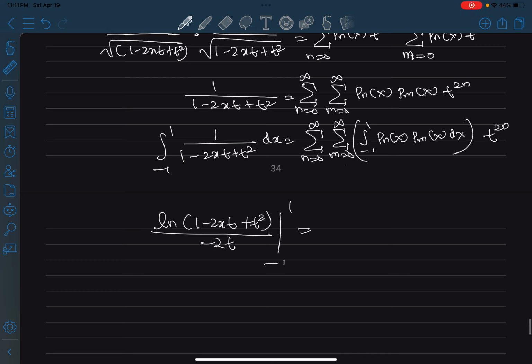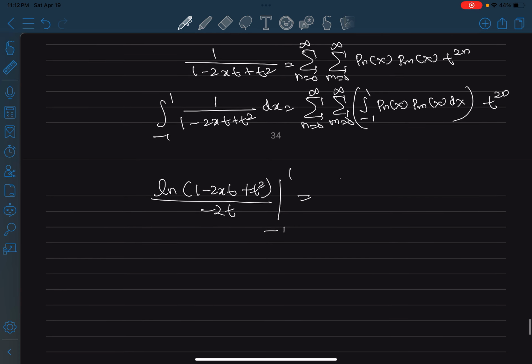Over here, notice that whenever n and m are different, this integral is just going to be 0, right? Because two different Legendre polynomials are orthogonal to each other. So this is going to be non-zero only for m and n being the same, so we can actually write it as a single sum, n equals 0 to infinity.